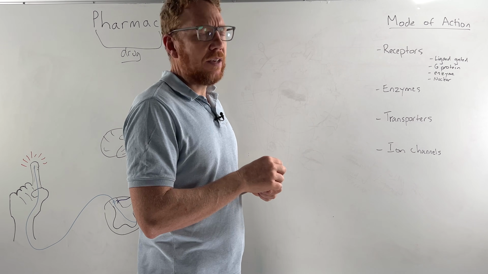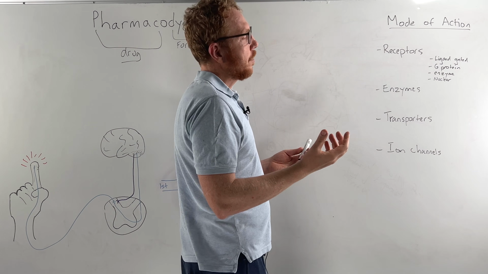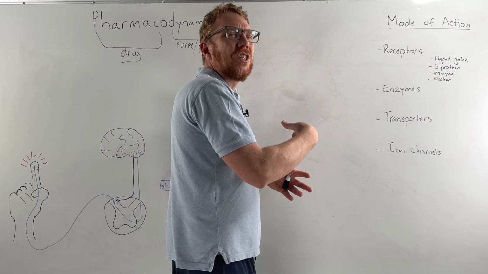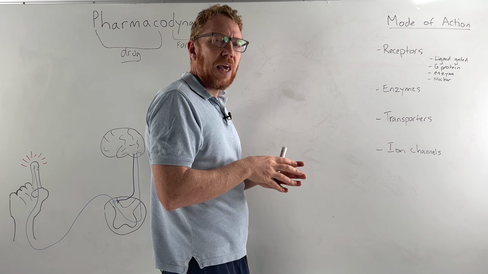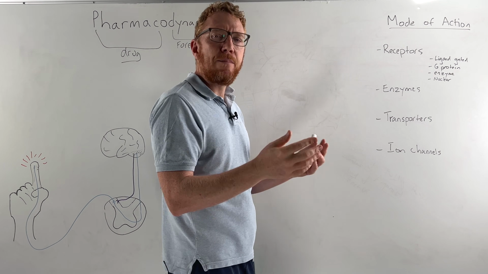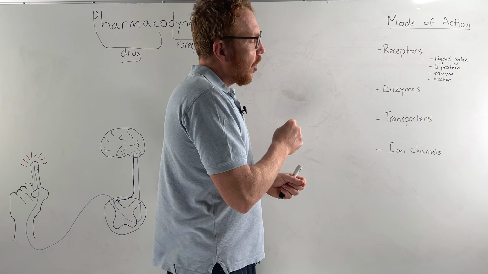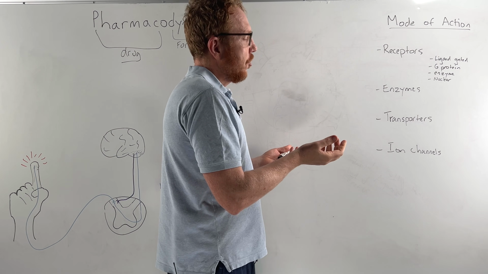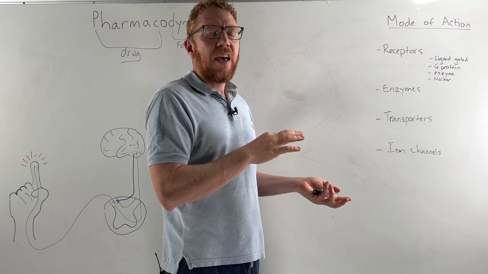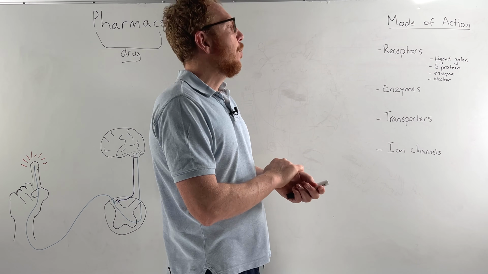And the way it does this is by one of these four things: cell receptors; enzymes, which are catalysts in the body that increase chemical reactions; transporters, which move things across, let's say, membranes; or ion channels, which move charged atoms like sodium, calcium, chloride across a membrane.